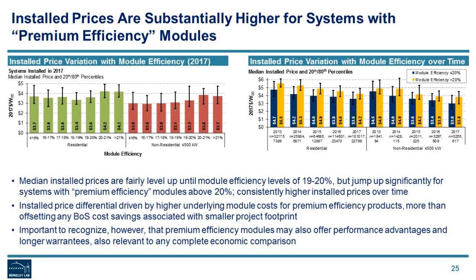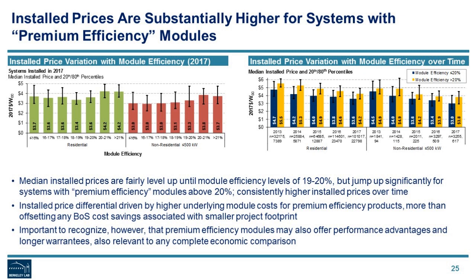And when we compare system prices based on the module efficiency, we see very little difference up to an efficiency level of, say, 19 to 20%, but then once you get above 20%, system prices jump up quite a bit. You see that in the figure on the left.